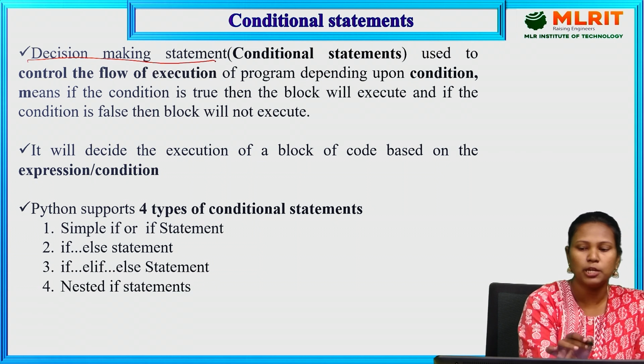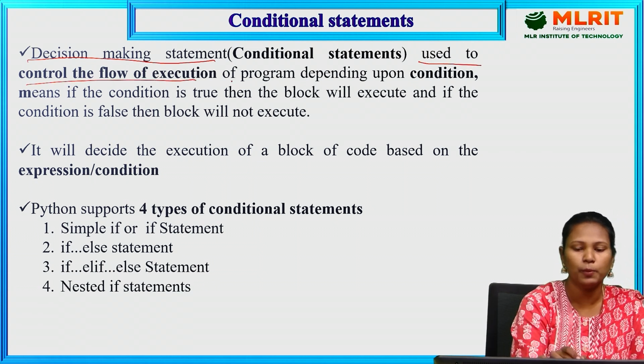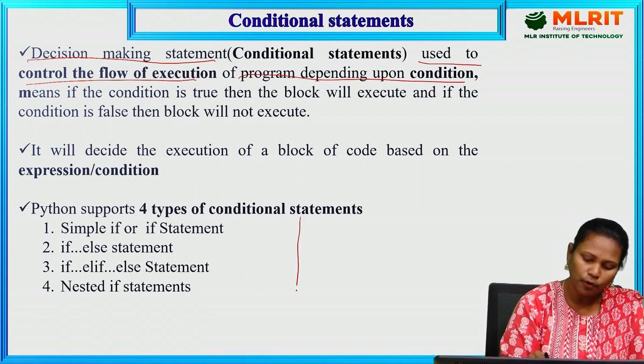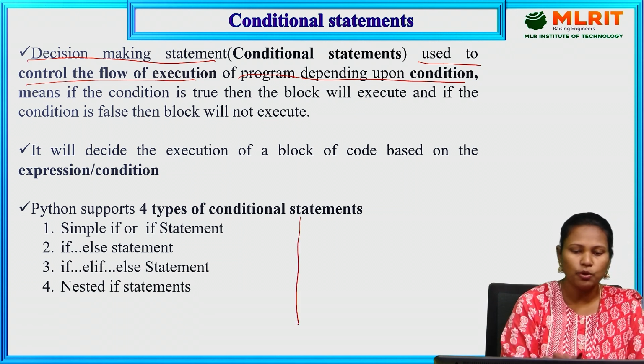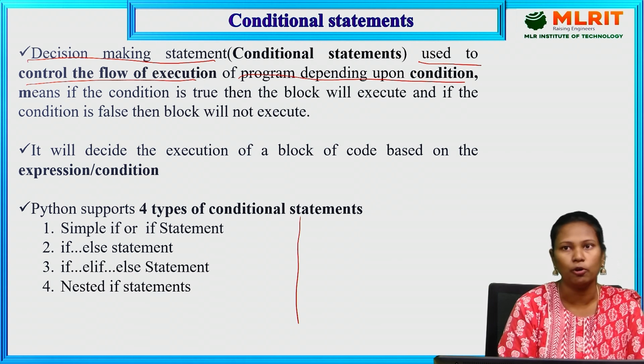Decision making statements are used to control the flow of execution of the program depending upon a condition. Basically, every program follows line by line execution. With the help of conditional statements, we can alter the flow of execution. Depending on the situation, we can execute that line or not.